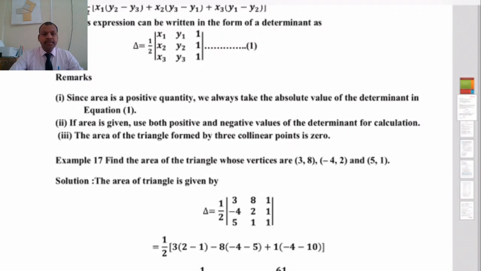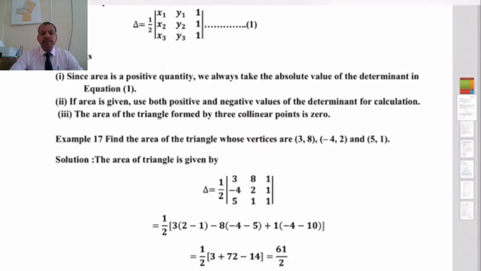Let us see an example. Example 17. Find the area of the triangle whose vertices are (3, 8), (minus 4, 2) and (5, 1). Here the area of a triangle can be found using the determinant formula: area of triangle is equal to half times the determinant with rows x1 y1 1, x2 y2 1, x3 y3 1. Substituting the values, we get half of the determinant with first row 3 8 1, second row minus 4 2 1, and third row 5 1 1.